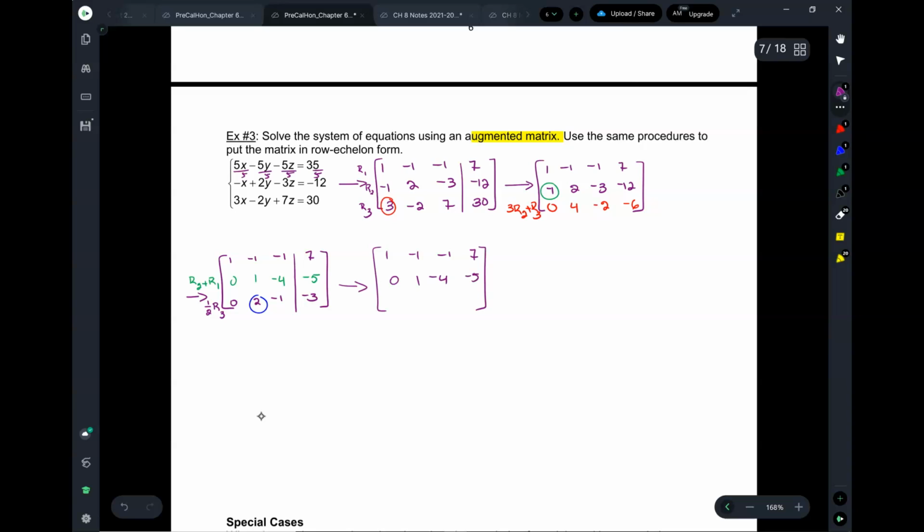When you get to this step, you can really only combine it with the one right above it because you have 2 zeros here. So I'm going to do 2 row 2 minus row 3. 2 times this minus this, to get rid of this one.